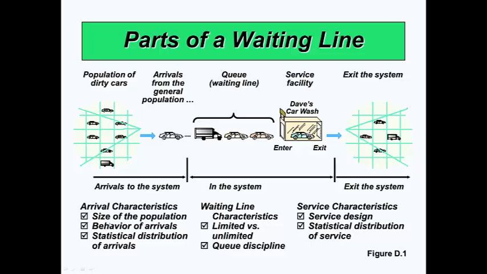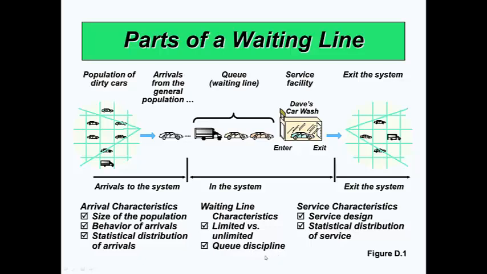So here you have to know the size of the population, the behavior of arrivals. We talked about all of these: the statistical distribution of arrivals, Poisson; the characteristics of the waiting line, limited versus unlimited, obviously limited until it goes into the highway or the street sometimes.